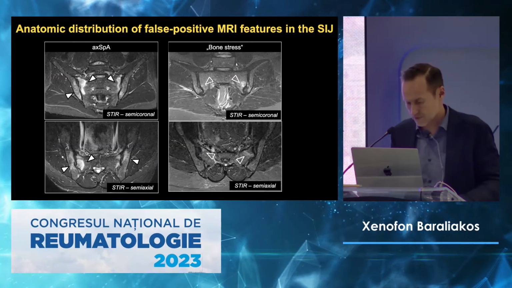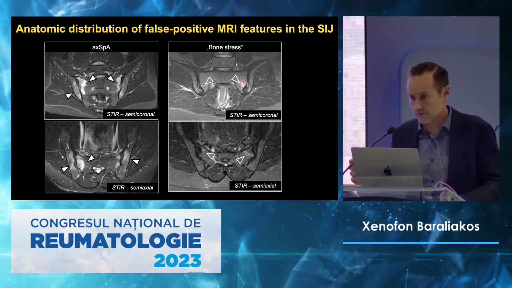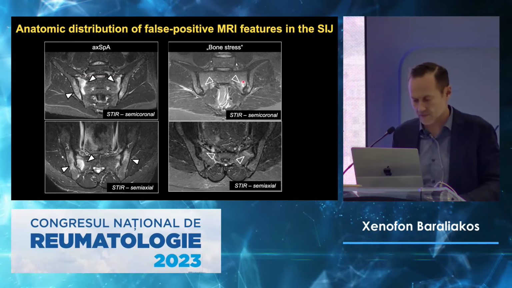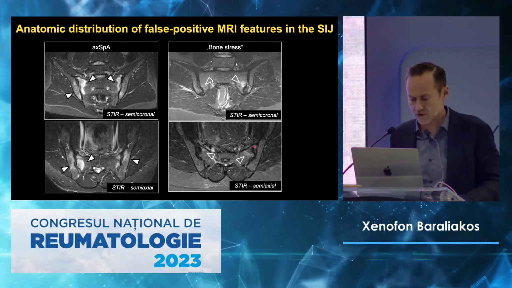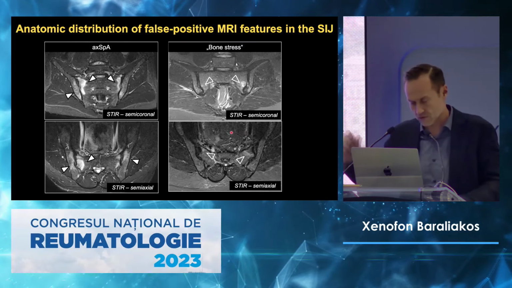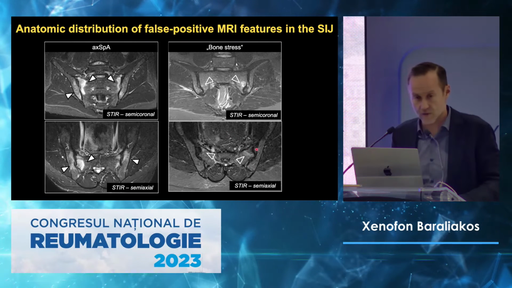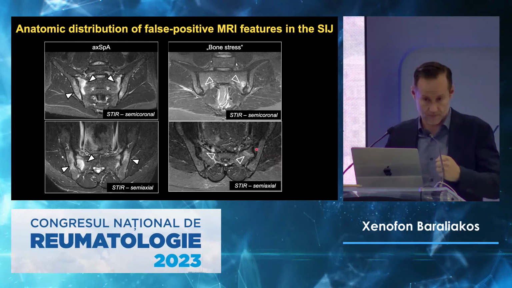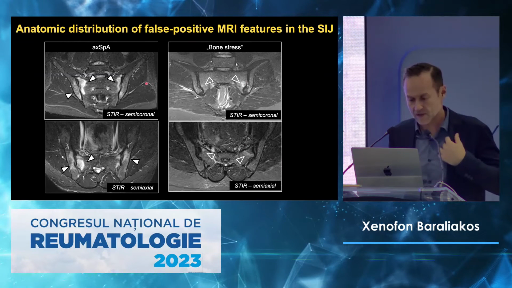Bone stress, like that patient here, or this patient here, is smaller, most of the time lesser intense, and it's always in the front. Here is the bowel. The images are now turned around. This is the bowel, and this is really where the ligaments pull. So that's why this is not SPA, this is SPA.